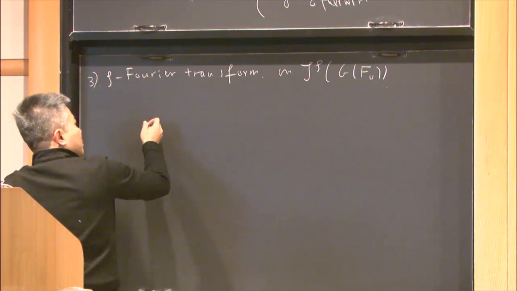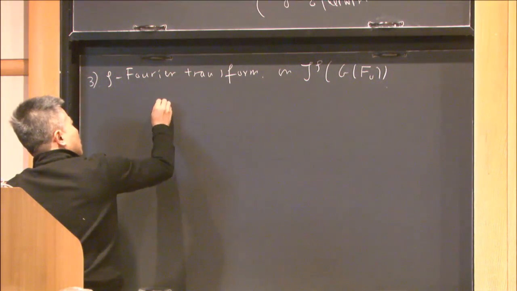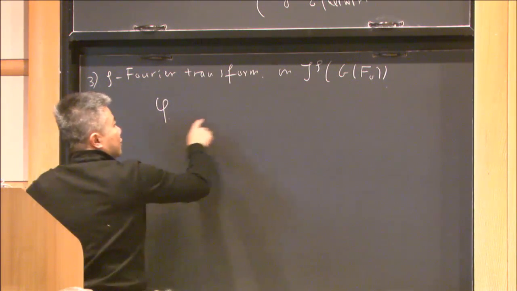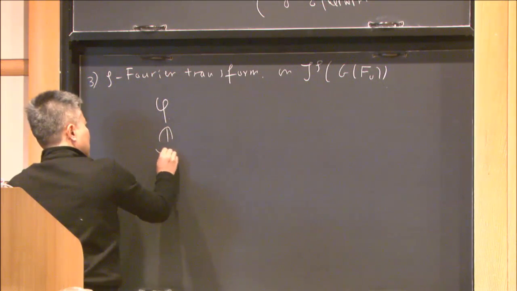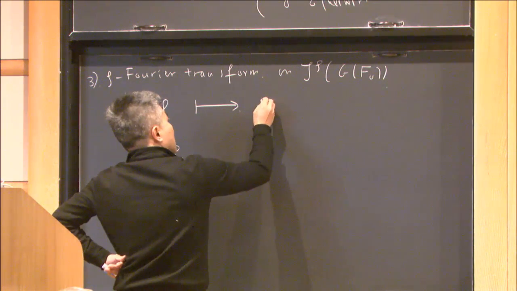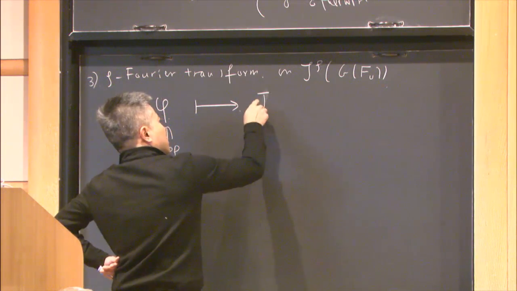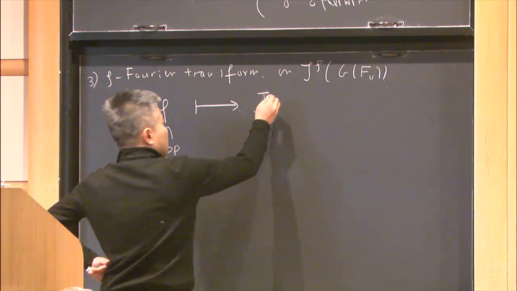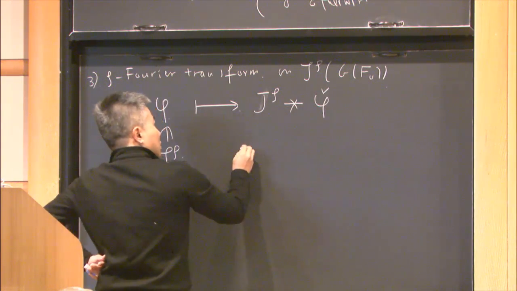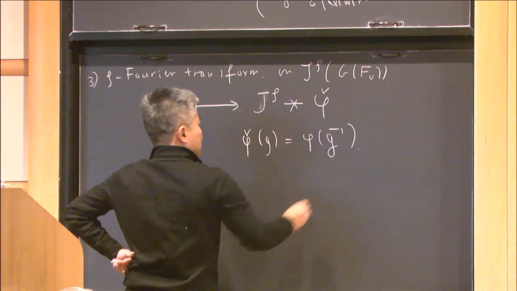So it has to be of the form: phi is a function in this space, an element of S_rho, and you want it to be some Bessel kernel convolved with phi check, and phi check of g is just phi of g minus 1, right?